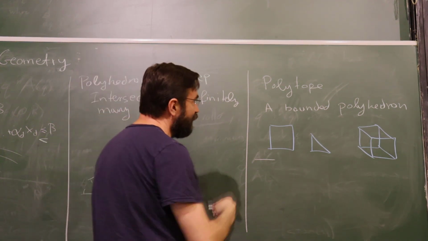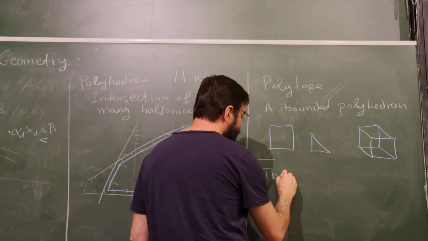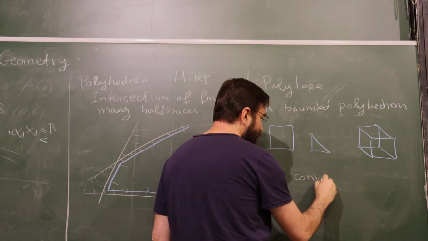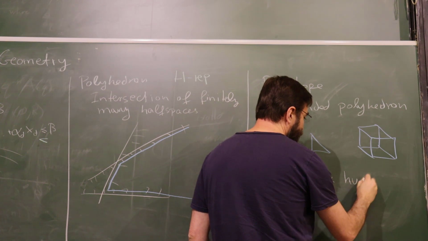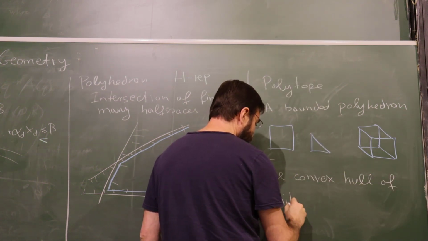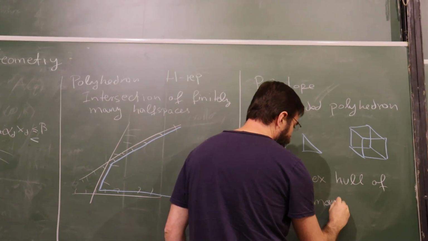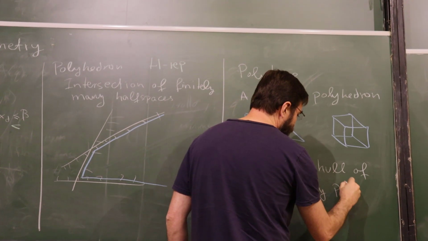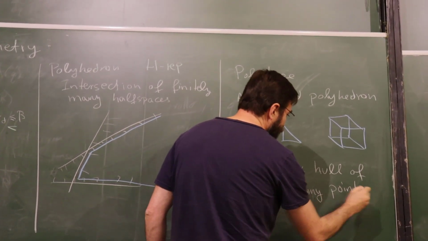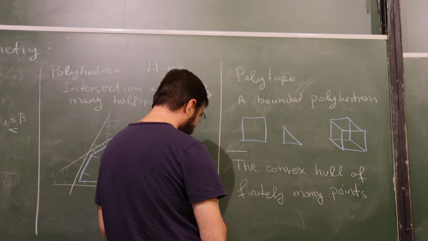But an alternative definition for polytopes would be the convex hull of finitely many points. And that would be the vertex representation.